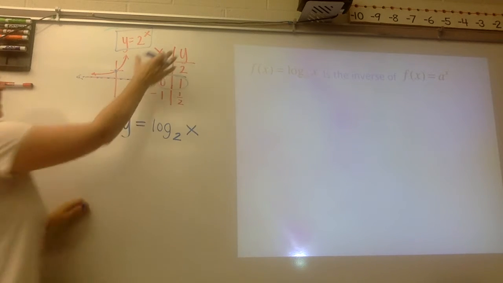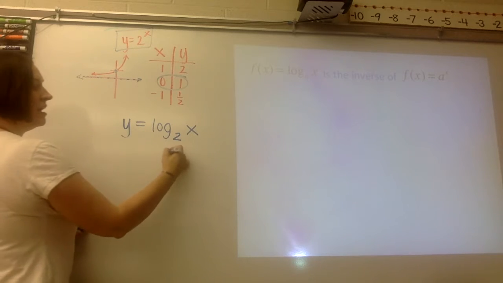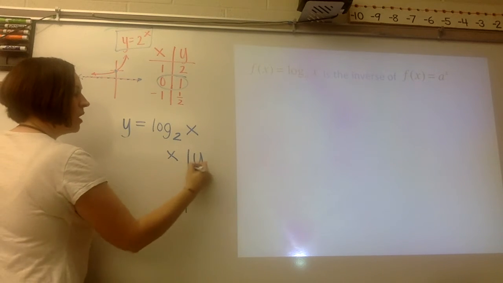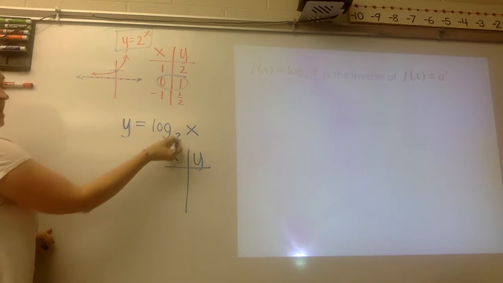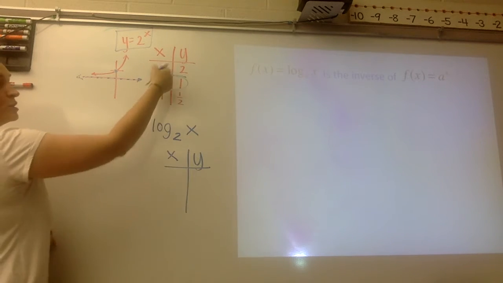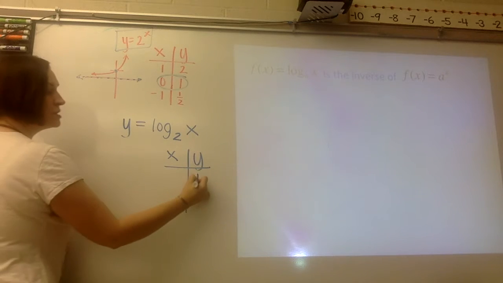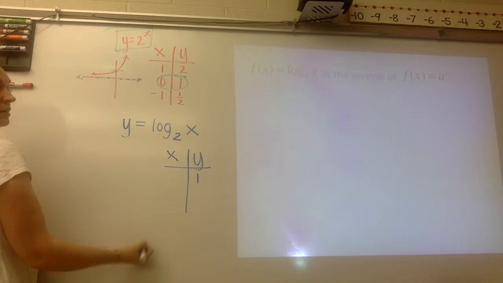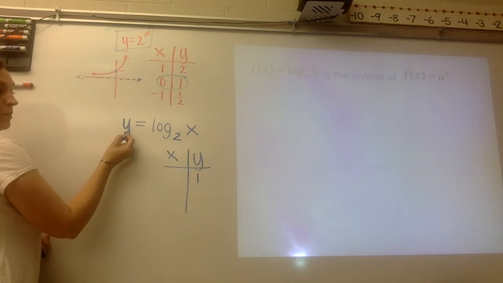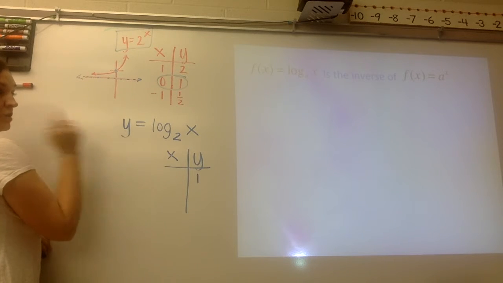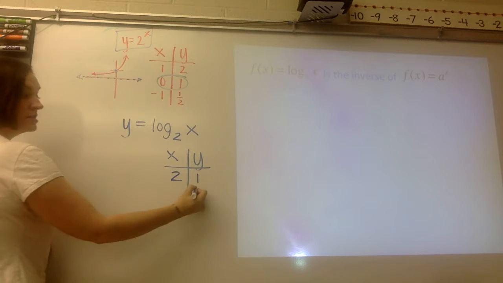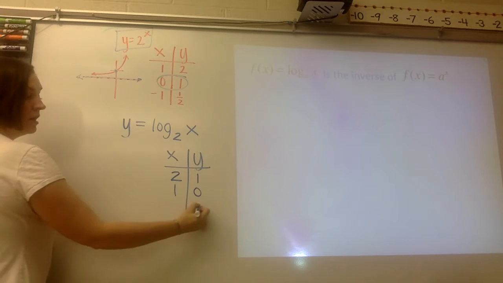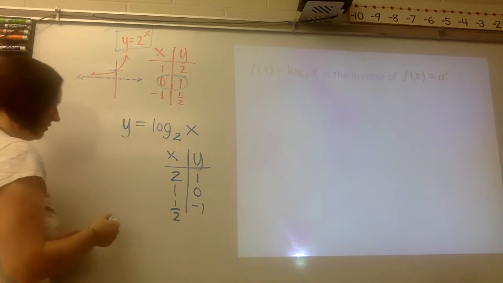So what that means is take this same exact chart that I have right here, and I set up my x and y. What I'm feeding in now are not the x's, I'm going to feed in the y values. So for instance, 2 to the first power gives me what out? 2 to the first is 2. 0, 1, -1, 1/2.